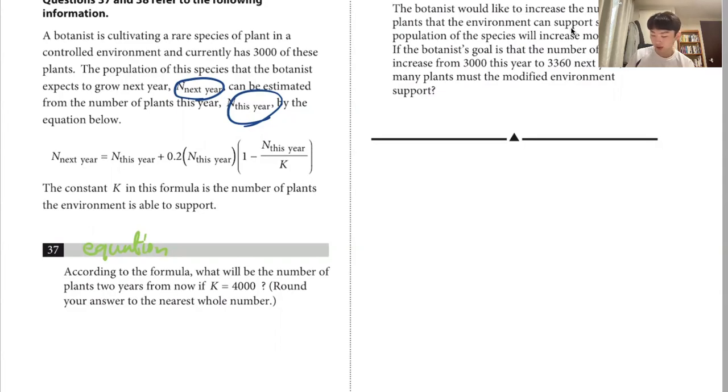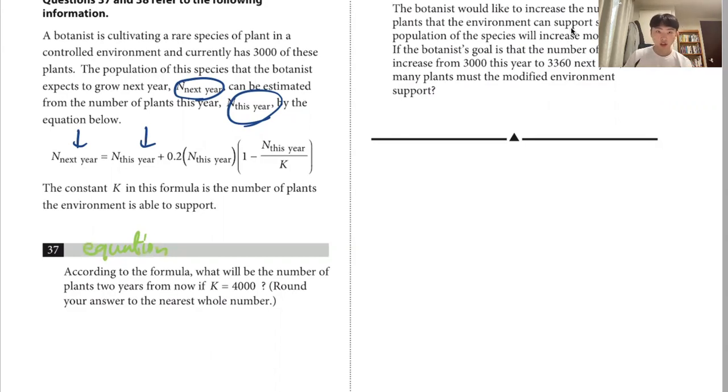It looks very difficult, but the thing we have to check is whether the n is next year or this year. So it's not that difficult. So don't be afraid.